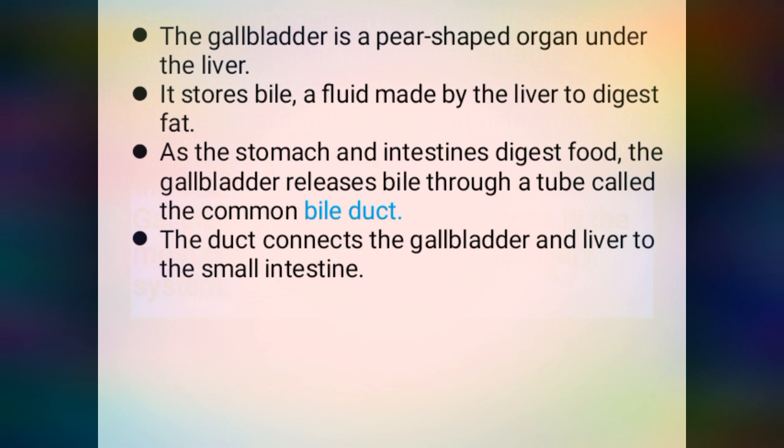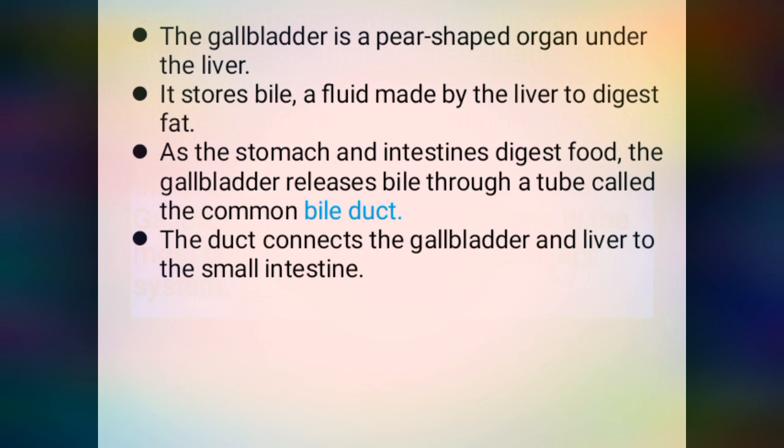As the stomach and intestines digest the food, the gallbladder releases the bile when it is stimulated. The stimulation is sent to the gallbladder, and it releases the bile through the bile duct.